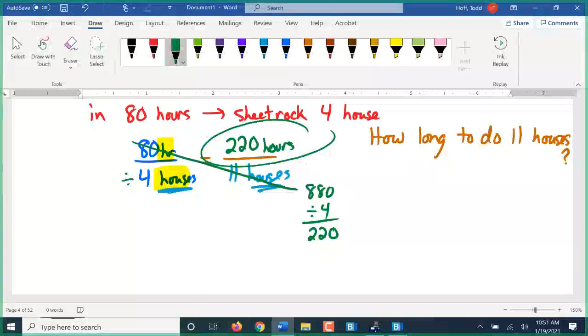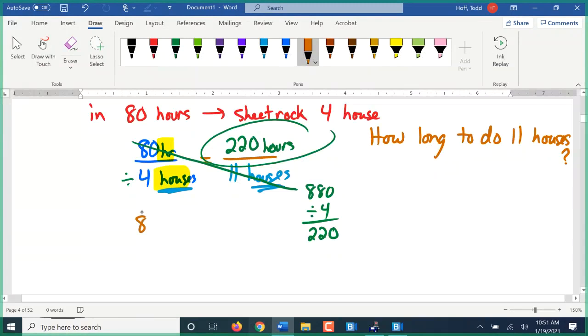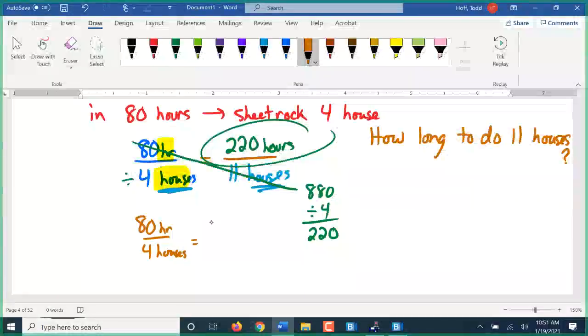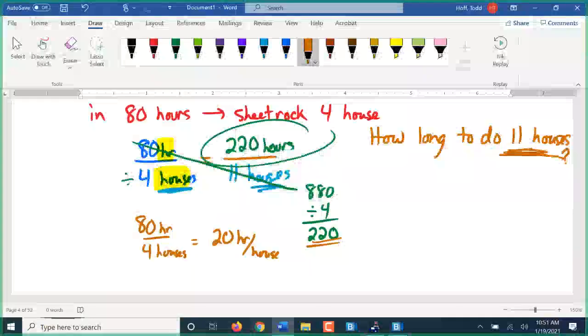Many of you in this case were probably thinking, wouldn't it be easier just to do 80 hours divided by 4 houses, get that unit rate, 20 hours per house, and then go from there. 20 hours per house times 11 houses would have got the same answer. A little bit more work, but it gets you to the same result. So yes, when we're dealing with a direct relationship like this, you can divide out one of the rates or ratios and get that constant and use it.